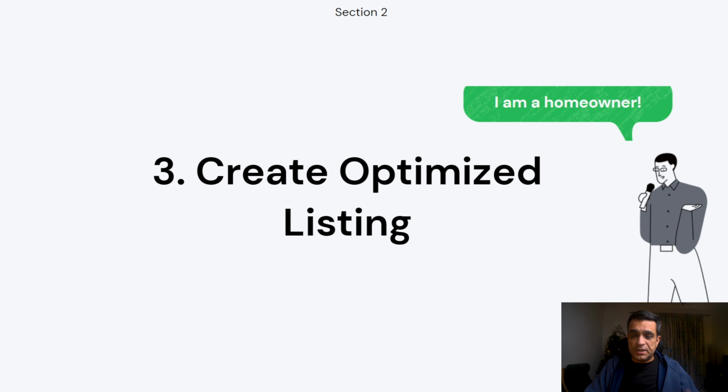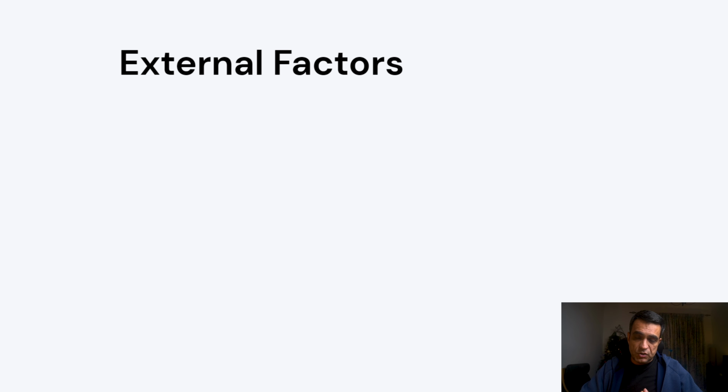Let's dive straight into the optimization of your listing. When it comes to optimizing an Airbnb listing, there are two factors. The first is what users do to your listing when it is displayed. The second is internal factors, which are the changes you will make mainly to impact the external factors.